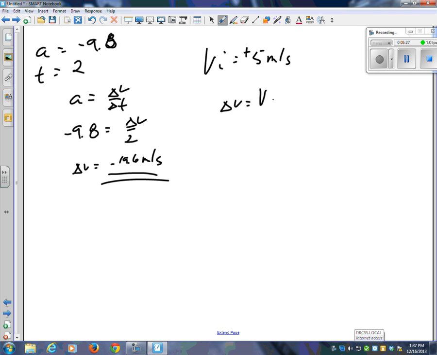Now, delta v is vf minus vi, so minus 19.6, final velocity, minus 5. Keelan says that the initial velocity of the bag is 10 because it's over 2 seconds. Is that what you're saying?